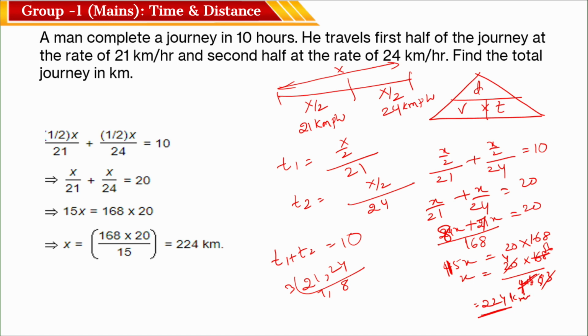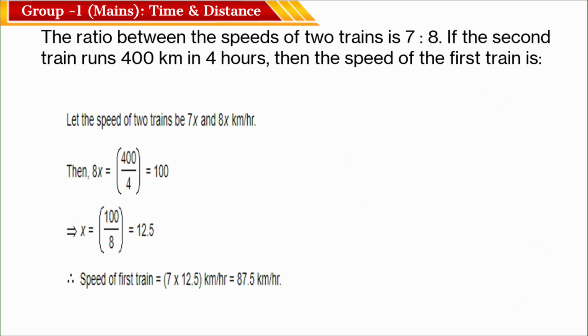Clear? Okay. Now, we will see the next question. The ratio between the speeds of two trains is 7:8. The second train runs 400 kilometers in 4 hours. Then what is the speed of the first train? So, here the ratio of the speeds is given as 7:8. Generally, when the ratio is given, we say the speeds of the trains are 7x and 8x, correct.